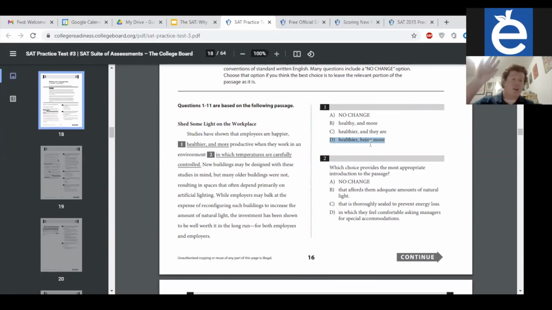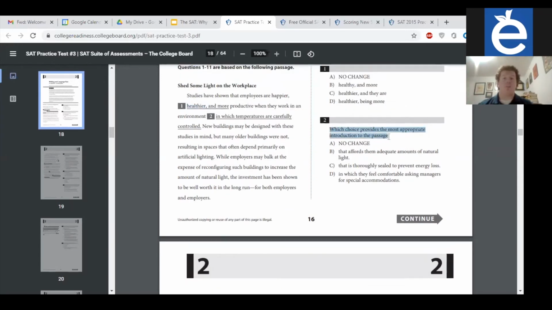So that "are" is applied to happier, healthier, and more productive. If we say "being more productive," that is redundant. We already have something that tells us that is what they are doing. We can eliminate B, C, and D. We can see that option A, no change, is our correct option here. Reading through, looking for logical inconsistencies, looking for anything that changes the meaning of a sentence to something it shouldn't be saying, these are things that you can use in your process of elimination.